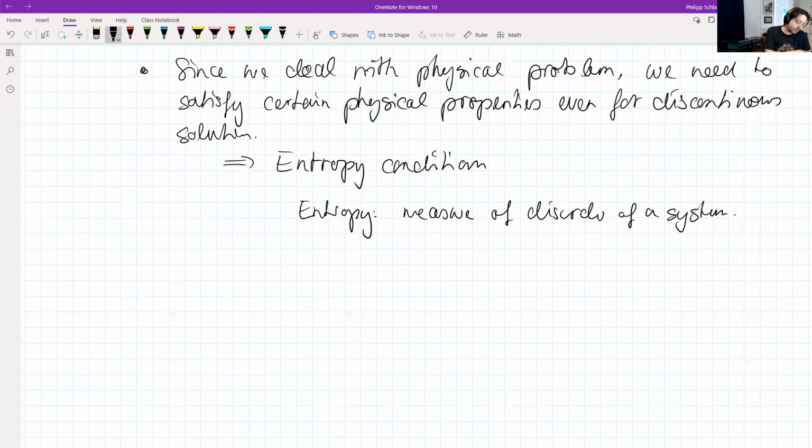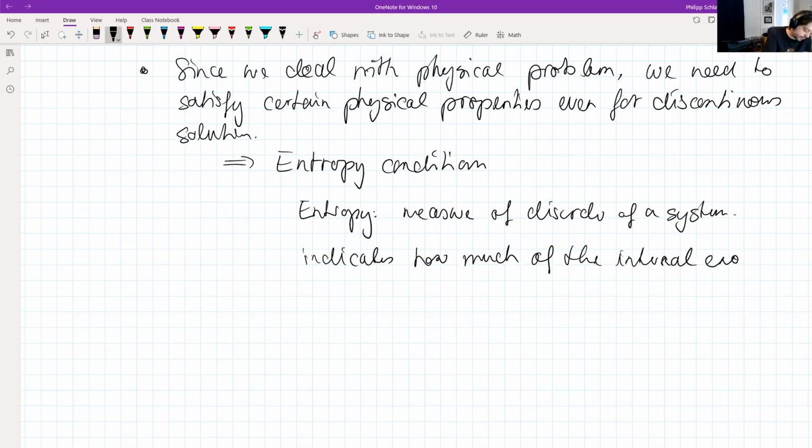What this disorder means for us from a thermodynamic point of view is that the entropy indicates how much of the internal energy in a system is available to do useful work.